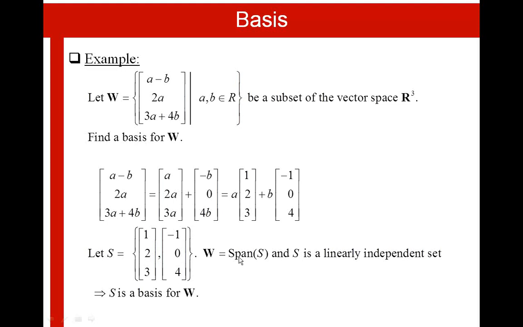Therefore, W is equal to the span of S, and S is a linearly independent set, and therefore S is a basis for W. It is linearly independent because it is a span, and these two statements are interchangeable. Therefore S is a basis for W.